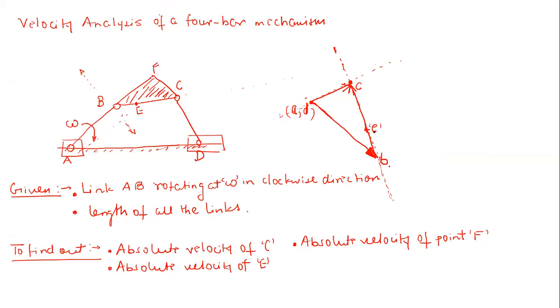This is your point E. Now, we want the absolute velocity of point E. What will be the absolute velocity of point E, if you have tried to observe this from the graphical diagram? It is AE length. Right, very good. So it is simply AE.